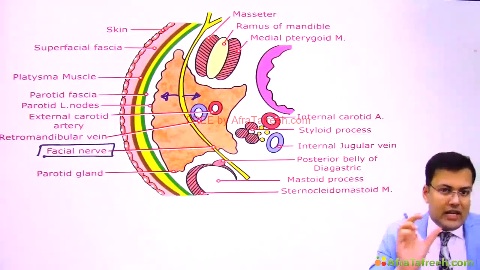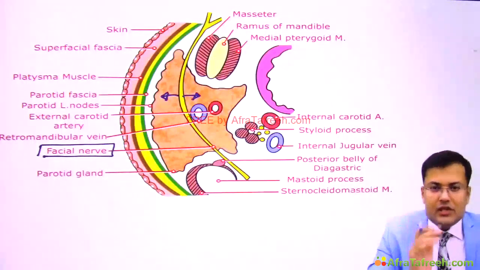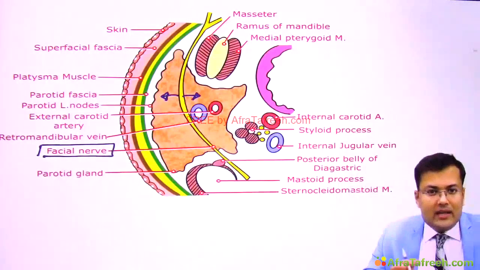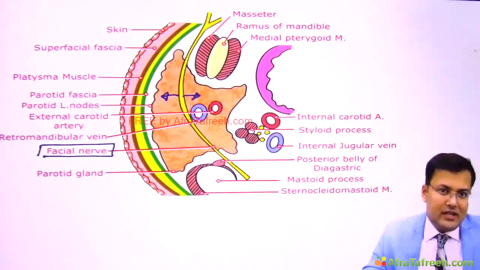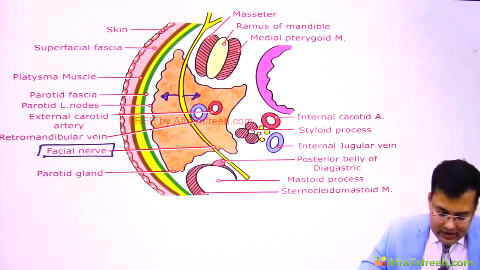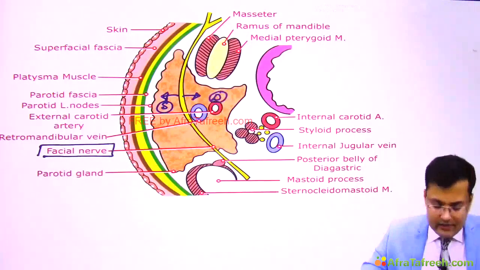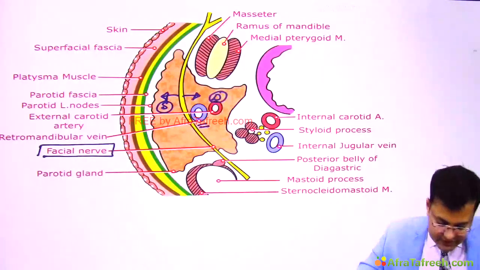Clear? So the salivary tissue which is located lateral or superficial to the facial nerve is the superficial lobe, and the salivary tissue which is located deep to the facial nerve is the deep lobe. So here you can understand. Another structure which is a landmark for identification of the facial nerve is the retromandibular vein.